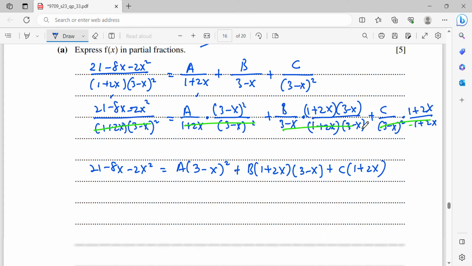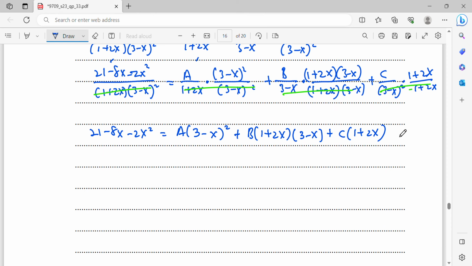Okay, after this, to find a, b, c, the unknowns, the easiest way is to let the factor be 0. So I will consider 3 minus x. When 3 minus x goes to 0, it means your x is 3.